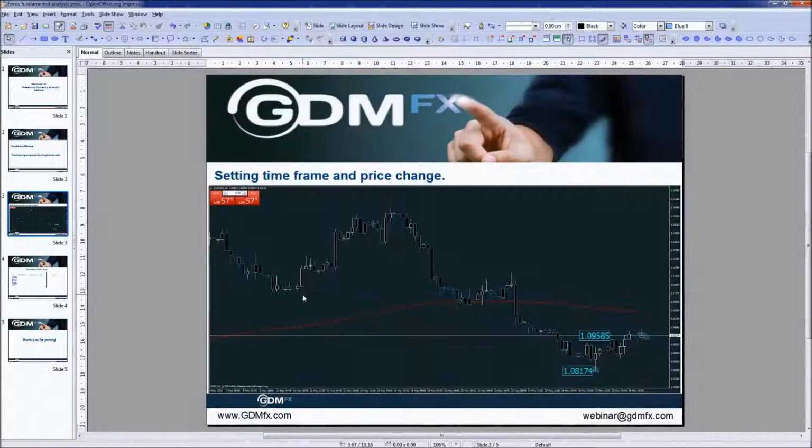The most important part starts from here, where we are setting the time frame and the price, and we're measuring the price change. So I'm going to repeat the whole thing, and then we will move forwards, for those that didn't see the screen for more than 5 to 10 minutes.